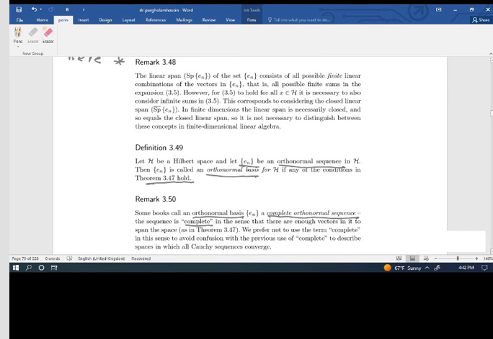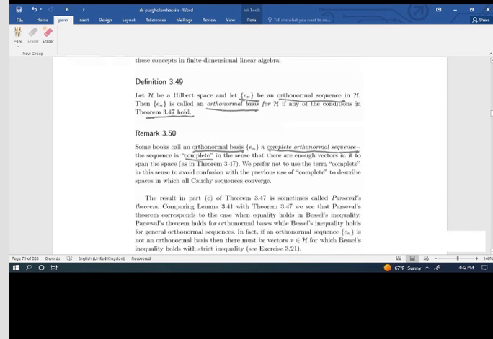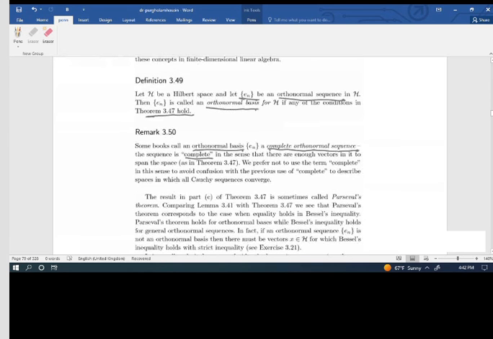Remark: in some books, an orthonormal basis is called a complete orthonormal sequence. So we can say complete orthonormal sequence or orthonormal basis. They are the same.